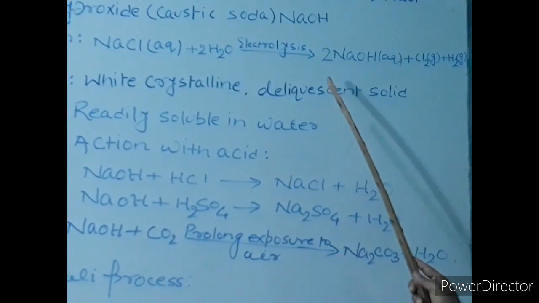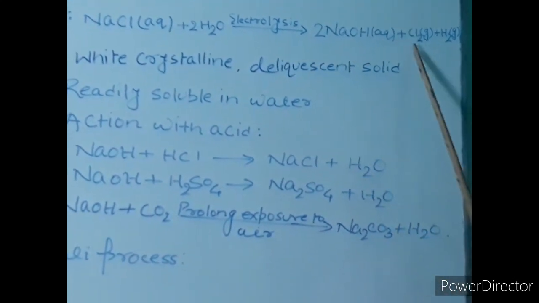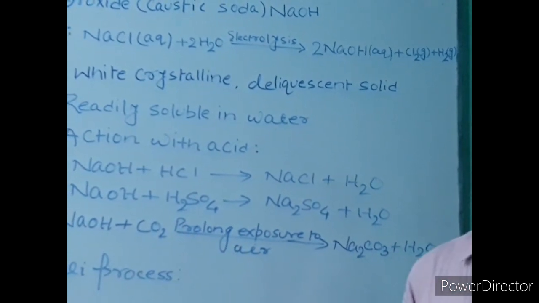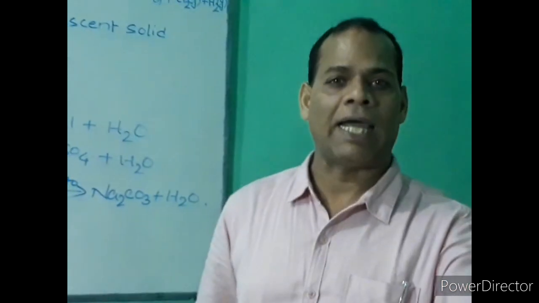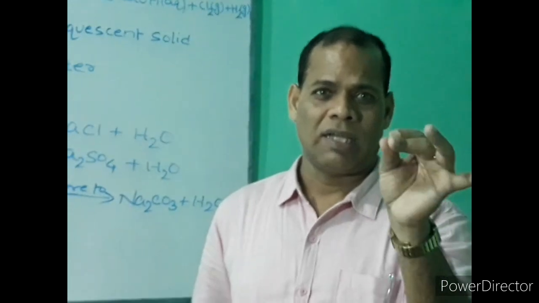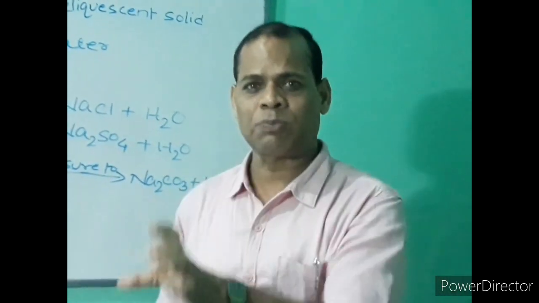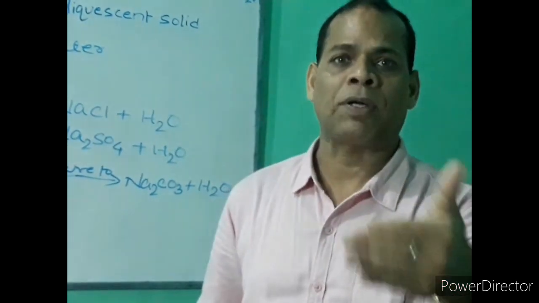Sodium hydroxide is the main product, but as a byproduct we are getting chlorine and hydrogen. Apart from the main product, what is formed is called a byproduct.